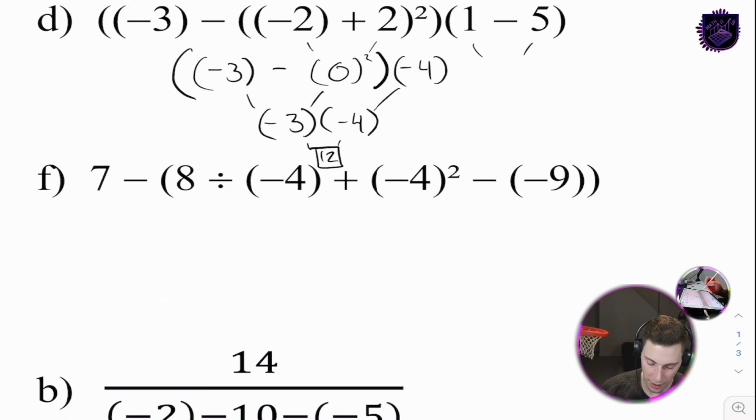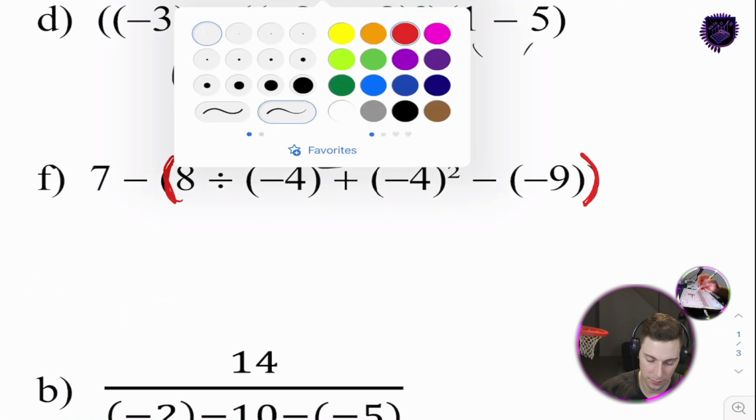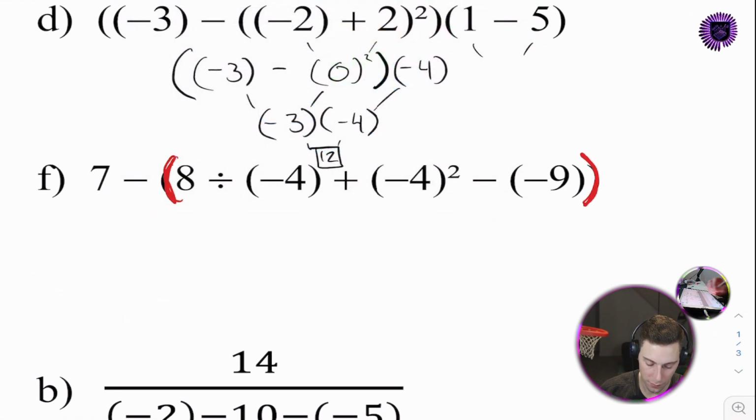Okay, F. So within the brackets, oh, interesting. So we have bracket here and bracket here. So this is all in the brackets. So we're gonna start with our squared and our division. So 8 divided by negative 4 is going to be negative 2.